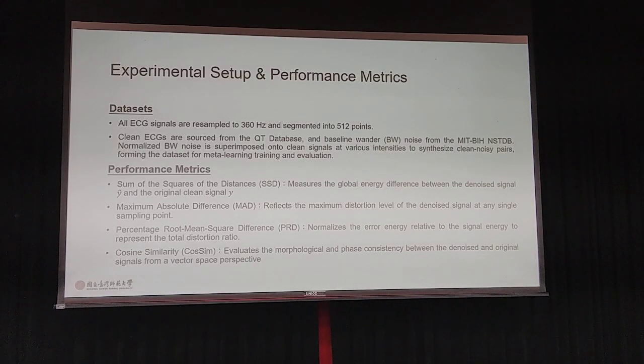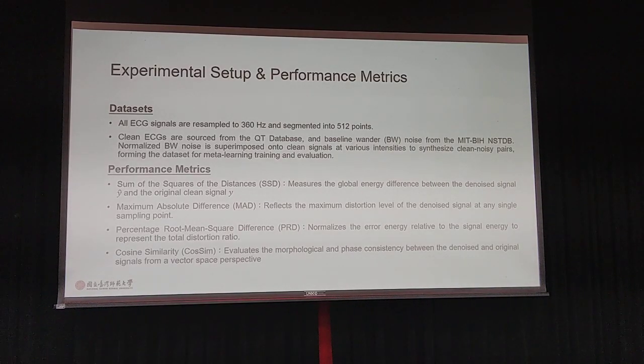Moving on to our experimental data, following the standard protocol from previous studies, ECG signals are resampled to 360 Hz and segmented into 512-point windows. For training and testing datasets, we mix baseline wander noise of varying intensities into the clean ECG signals.